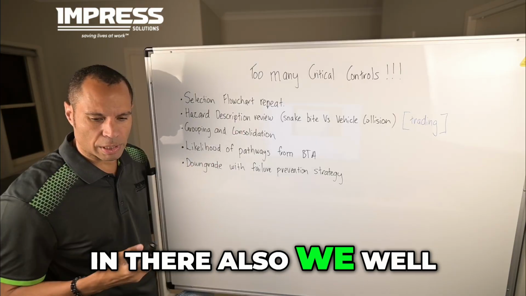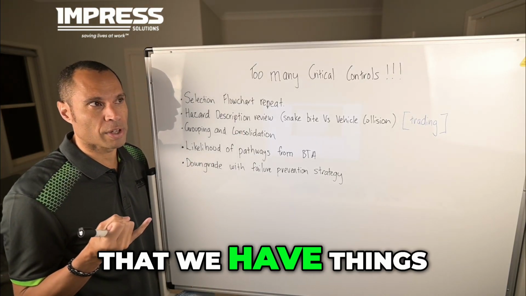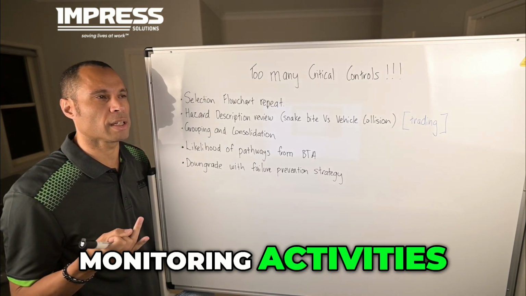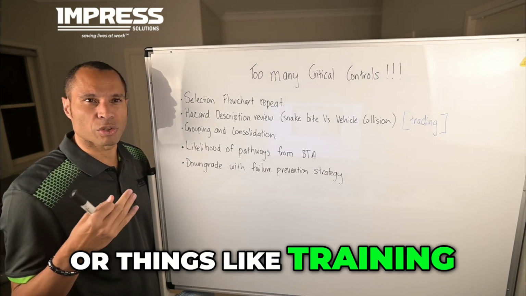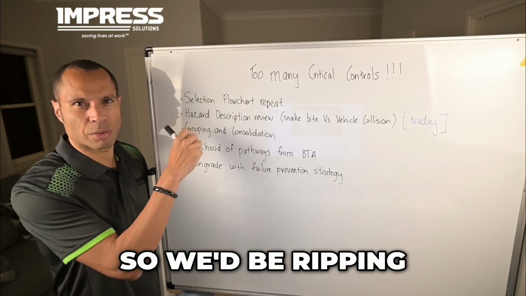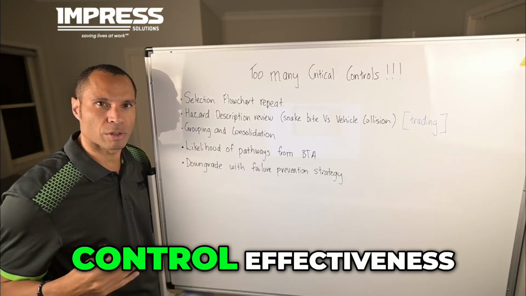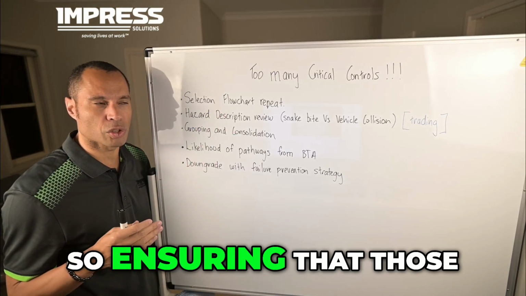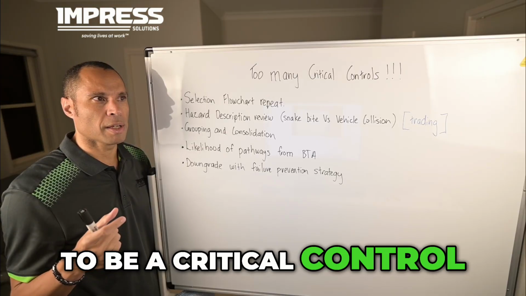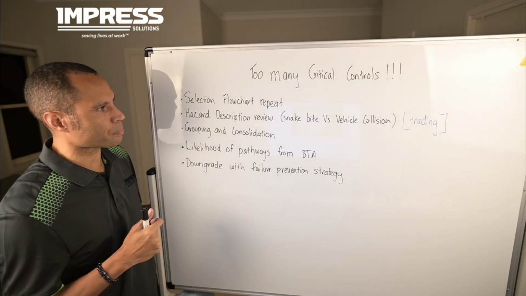In there also, in our view, we should be ensuring that we have things that aren't verification activities or monitoring activities, or things like training, competency and maintenance. They're not true controls, so we'd be ripping them out. So that could be an interesting filter. Also in here is control effectiveness assessment. So ensuring that those things that are eligible to be a critical control are effective controls in and of themselves.